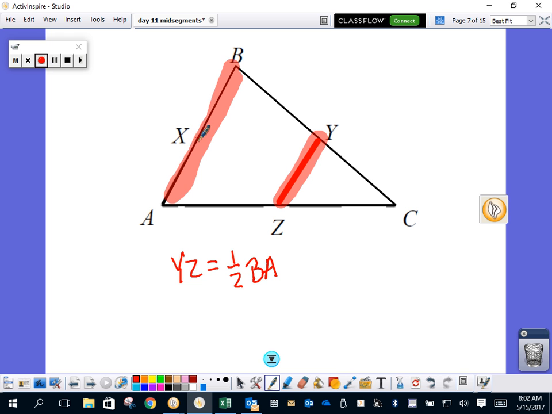And then we also know that YZ equals AX and YZ equals XC. Okay? So maybe take a couple seconds, make sure you're happy with your colors. If you're not happy with your colors, hopefully you can kind of break it up and see them. But I tried my best to make it user-friendly. Okay? And then when you're ready, flip your paper over.